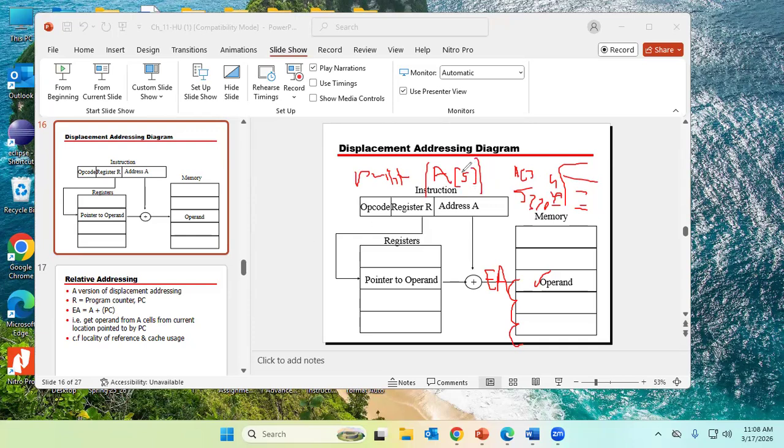Then what does that mean? It will look for the starting address, put it here, and then it will put the 5 here, and then it will add them. This becomes 5,325. It goes to 5,325, reads the value into one of the registers and continues. Are you okay, guys?